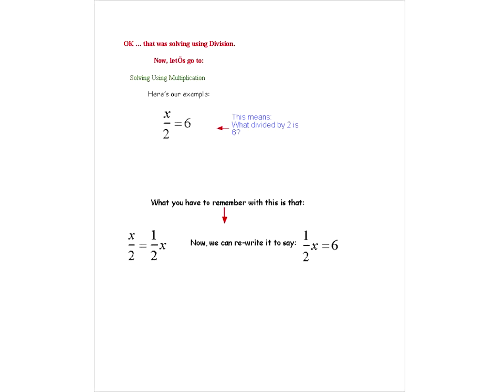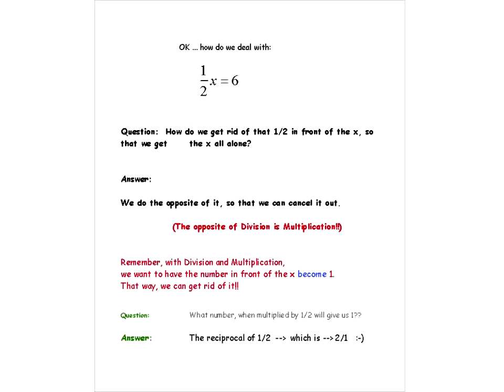Okay, so here we've got x over 2 equals 6. In other words, what divided by 2 equals 6, right? And so, okay, 12, right? So when you see x over 2, you might recognize that as 1/2 x, being the same thing. If we write it as 1/2 x, and we want to get rid of the 1/2, we always multiply by the reciprocal.